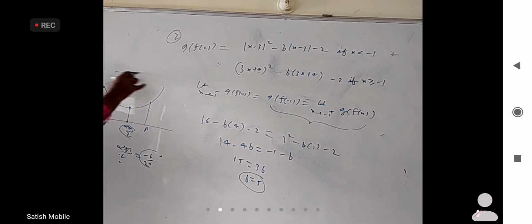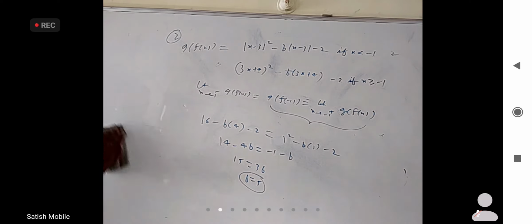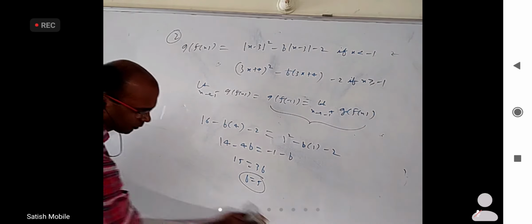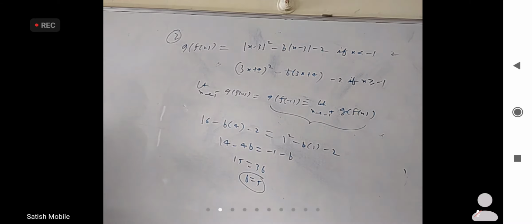I can even take a graph like this and say if at alpha and beta the values are the same, the sum of these two should be the same as the sum of the two roots. Everybody clear?